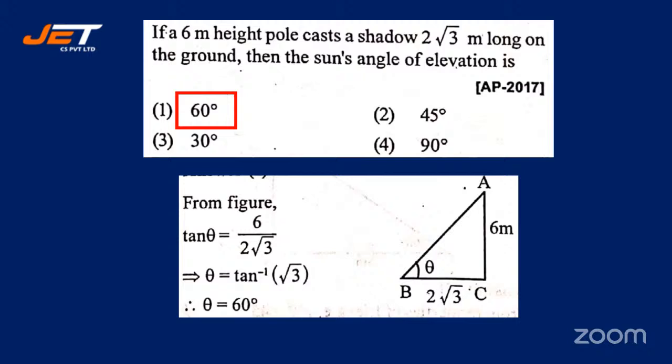So it is tan inverse of root 3, which is theta is equal to 60 degrees. Please refer to all the values that was done in the last class, or you can refer your textbook. You will find all the values.